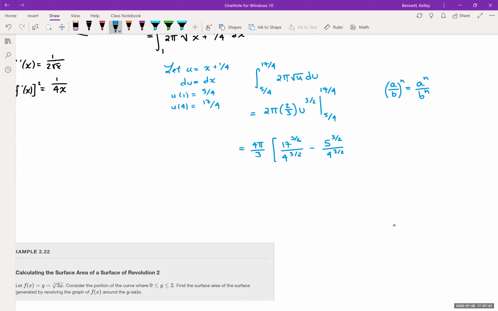And so now we have a common denominator instead of something hideous. 4 to the 3/2 equals 4 root 4. So that's 8.